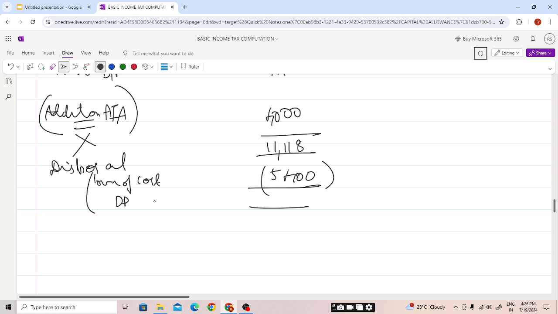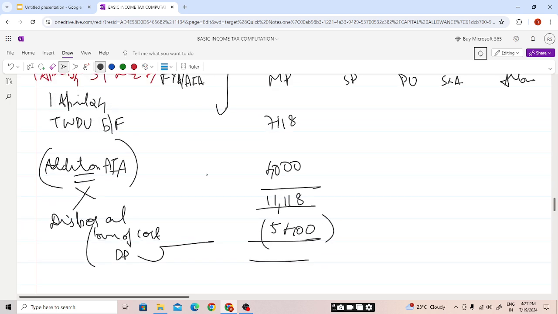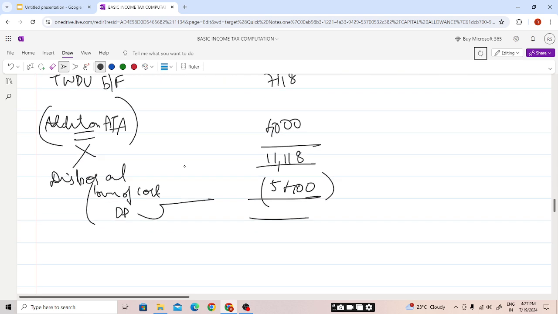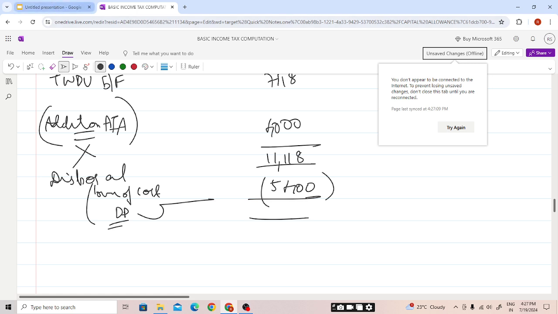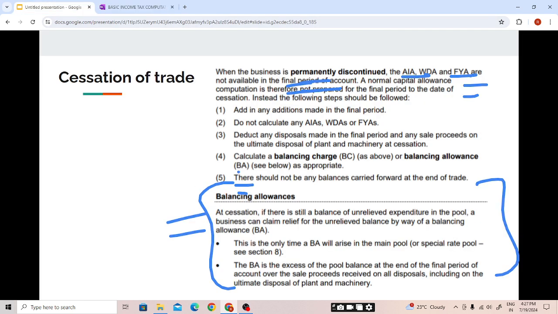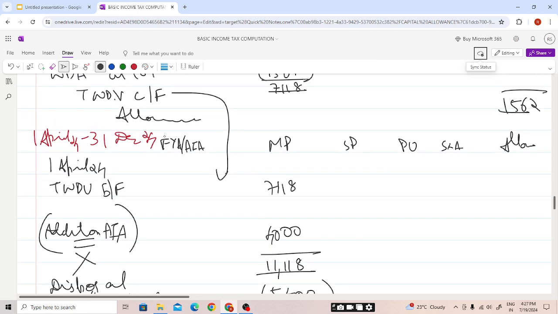Disposal proceeds were 5,400 and the cost was, as we have already seen, 4,000, and the previous cost also we need to include. So the lower will be the disposal. When we cease our business, students, deduct any disposal made in the final period, any sale proceeds on the ultimate disposal of the plant and machinery at cessation.